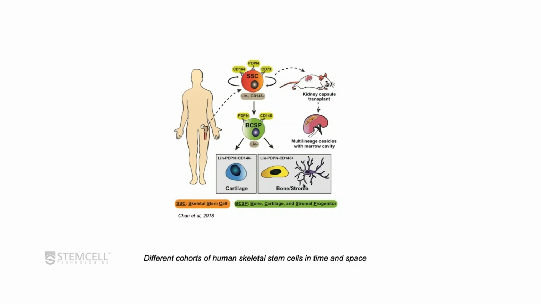In contrast, adipocytes are not generated in the prenatal life, and they only appear during the postnatal life during growth. So this kind of flexibility, this asynchronous appearance of different phenotypes, likely requires different populations of skeletal stem cells with slightly different properties.